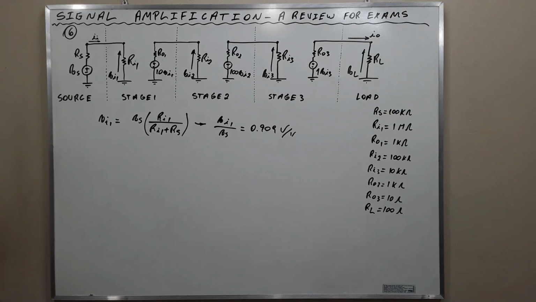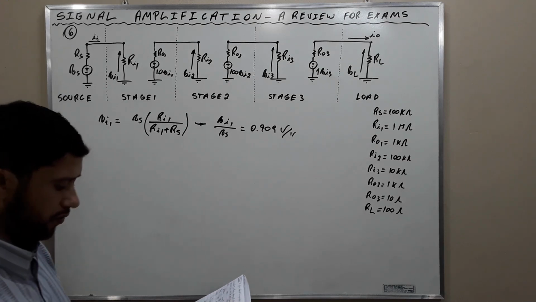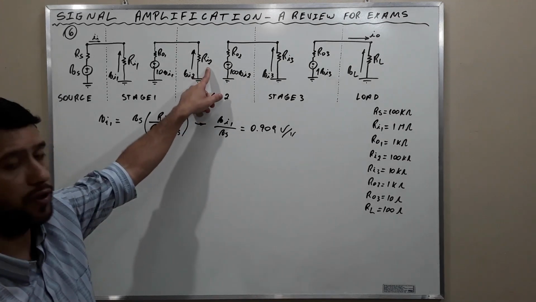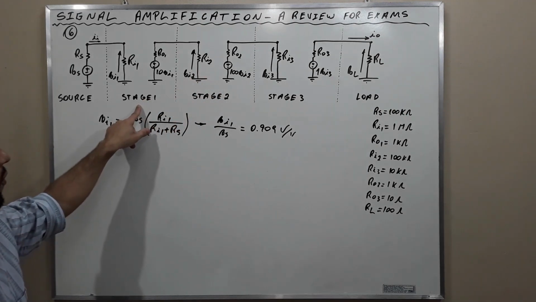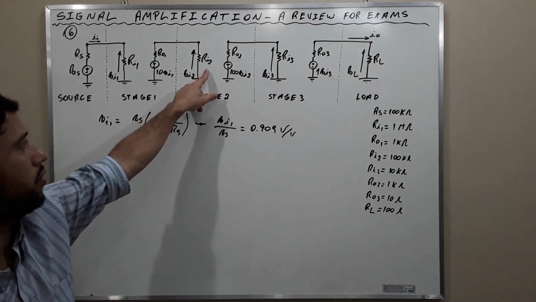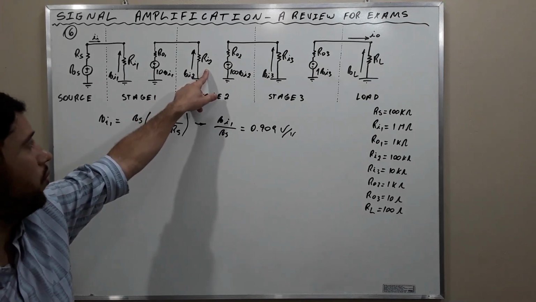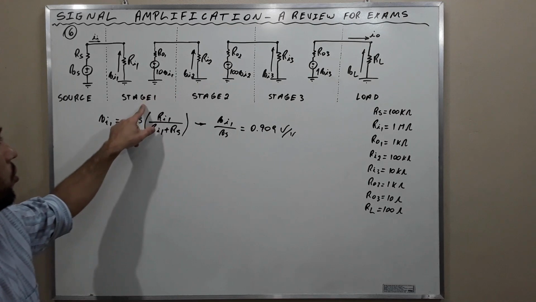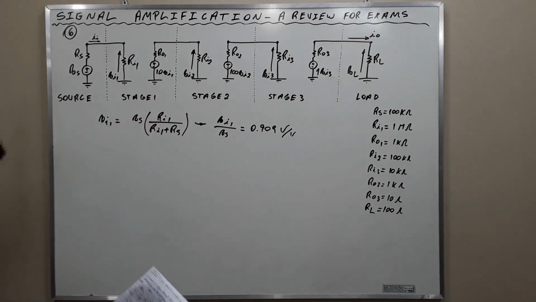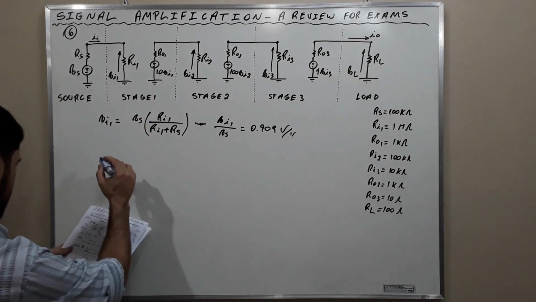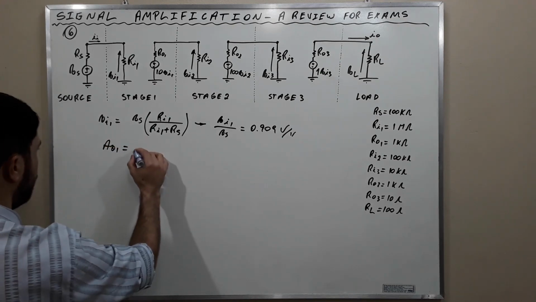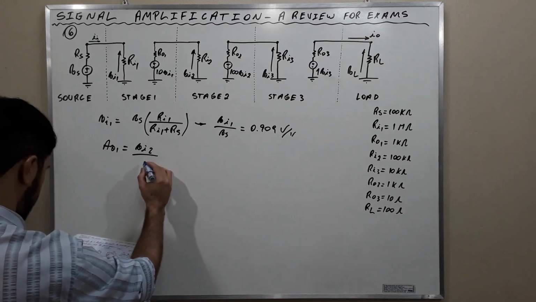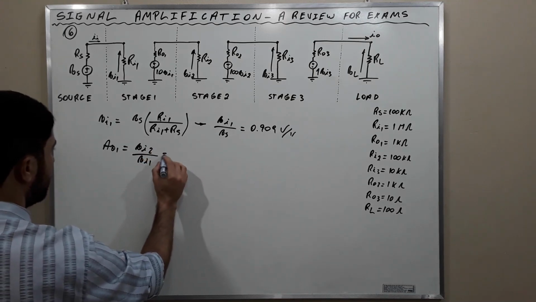The voltage gain of the first stage is obtained by considering the input resistance of the second stage as the load of the first stage. Okay, this is the input resistance of the second stage. We are going to consider it as the load of the first stage. And we're going to see that AV1 is equal to VI2 divided by VI1.